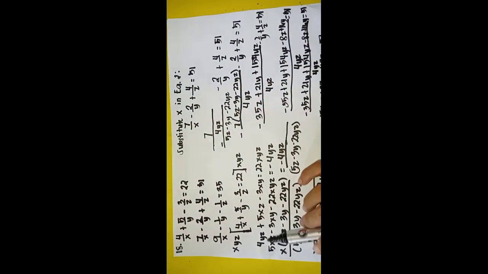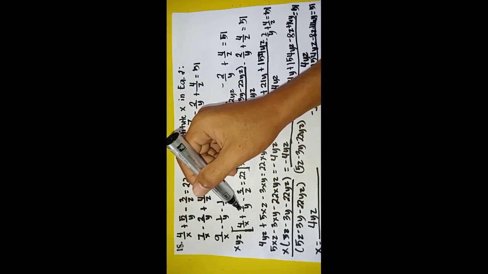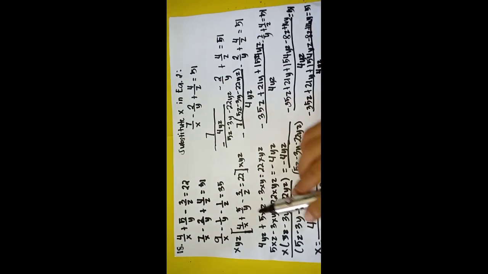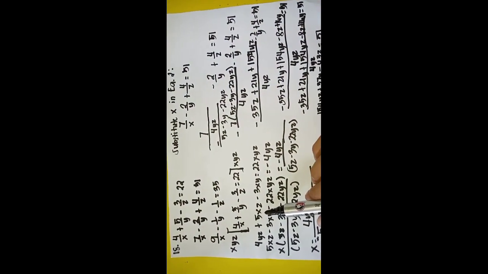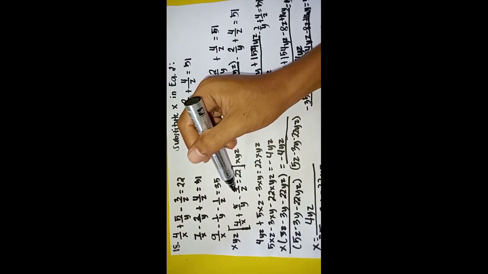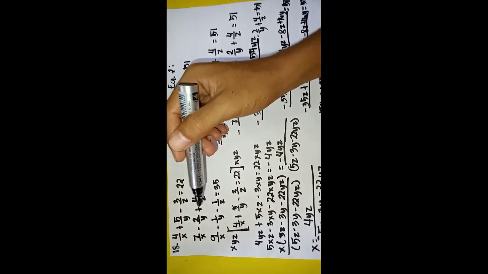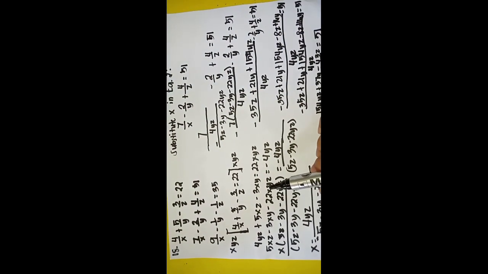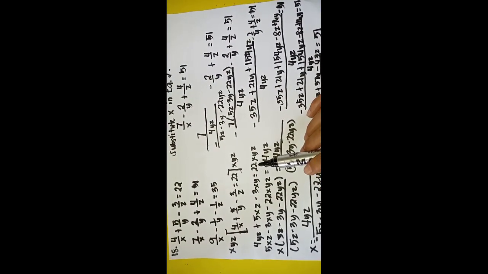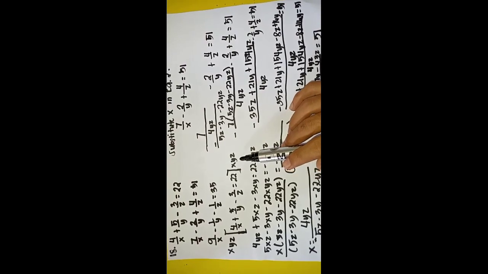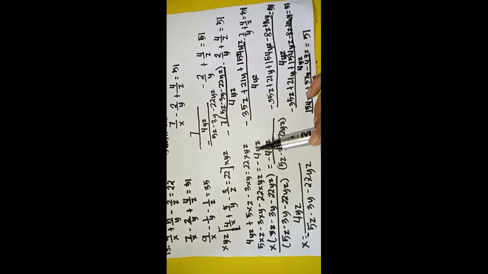The answer is 4yz. Then 5/y times xyz, cancel y. The answer is 5xz. And then negative 3/z times xyz, cancel z. The answer is negative 3xy. And then 22 times xyz. The answer is 22xyz.